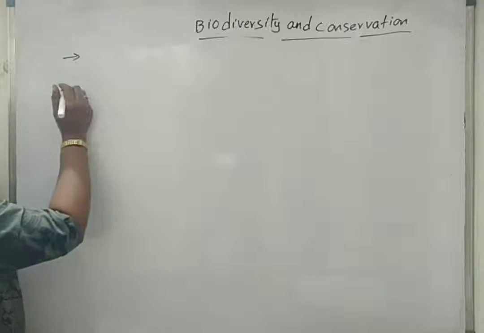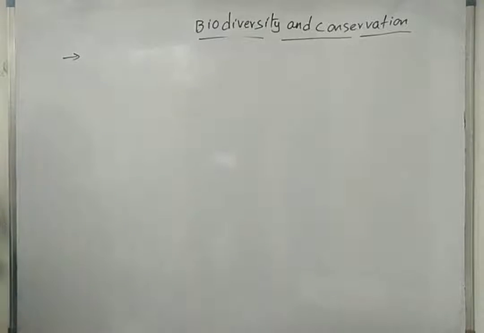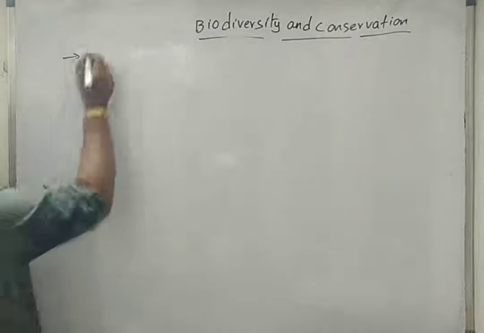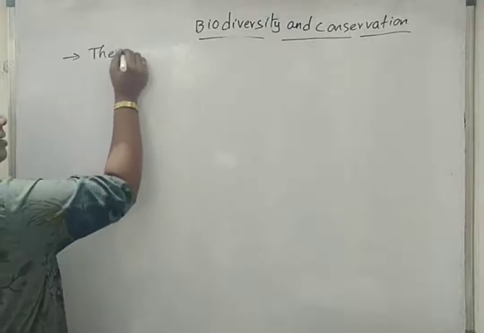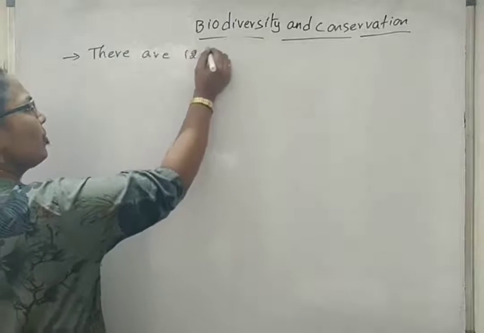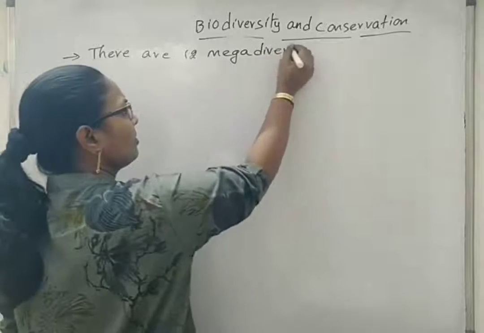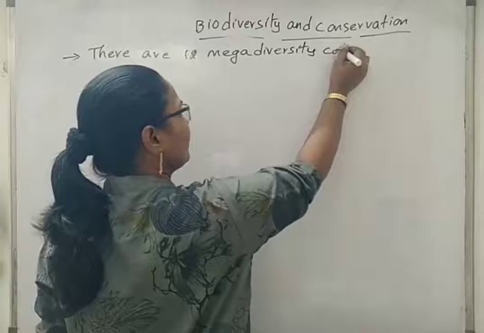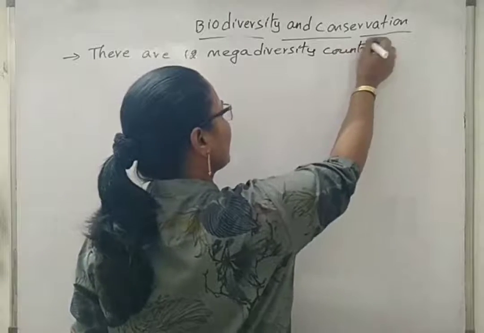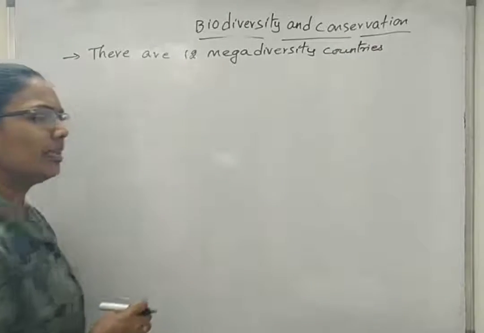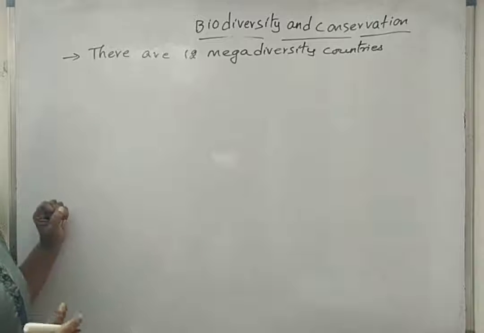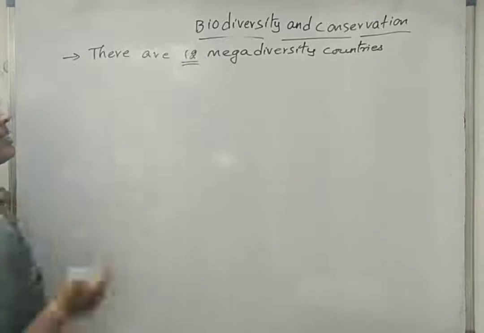It was stated that there are 12 megadiversity countries, and out of that, India's position is 8th in rank. There are 12 megadiversity countries. It means that if we check in which countries there is more diversity, more diversity is seen in 12 different countries.